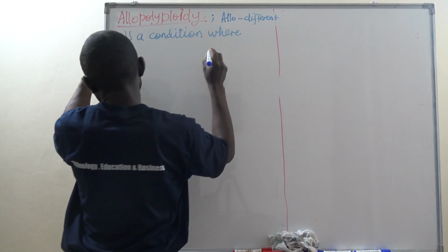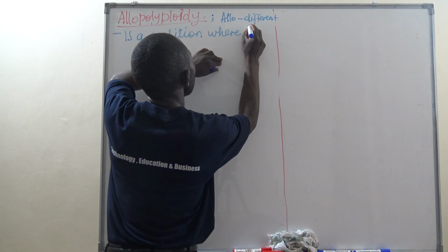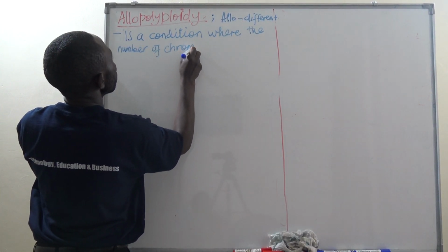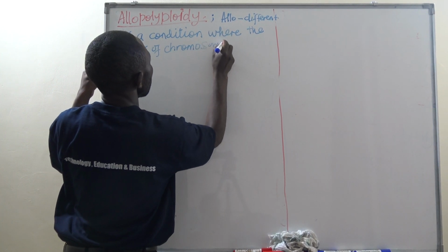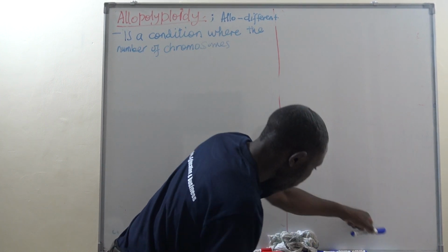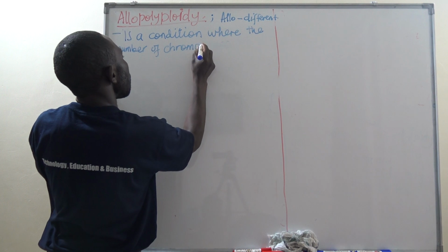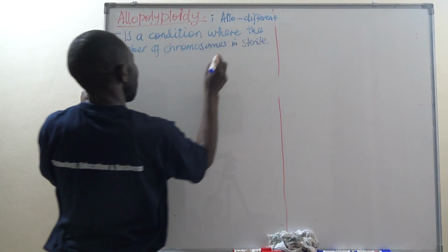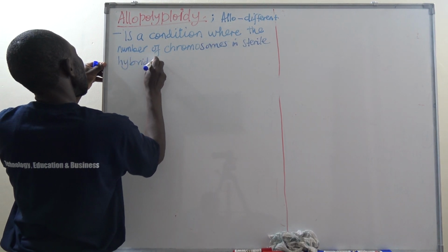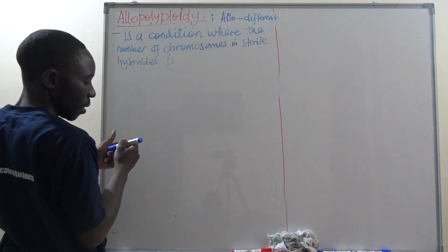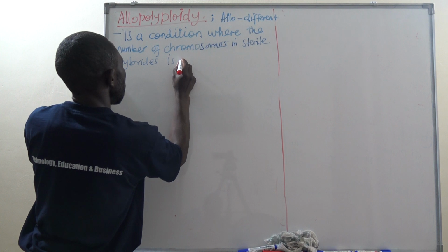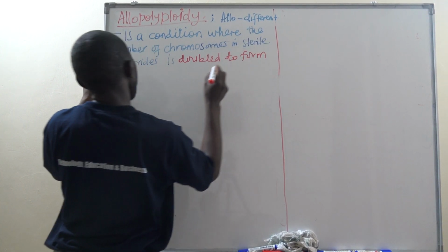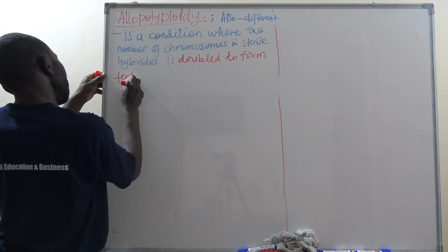So I can first record that it is a condition where the number of chromosomes in sterile hybrids is doubled to form fertile hybrids.